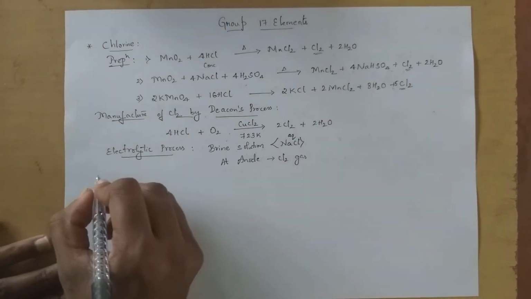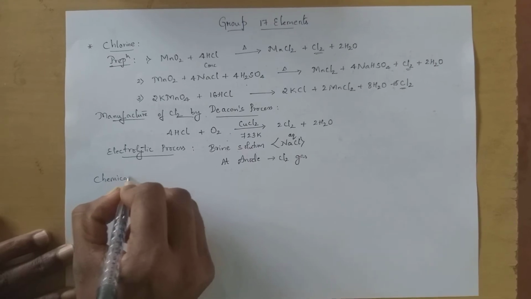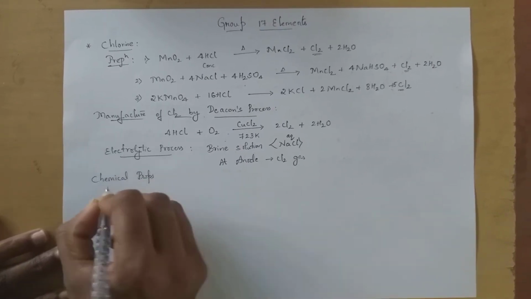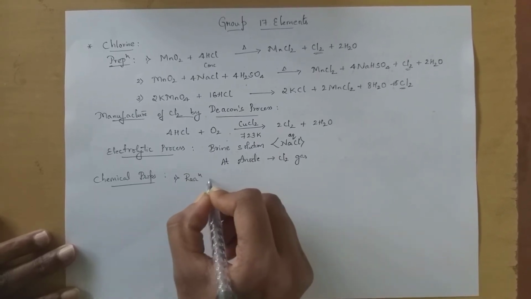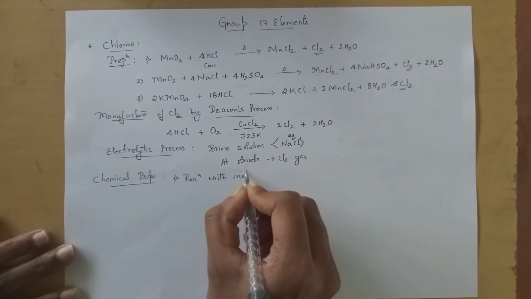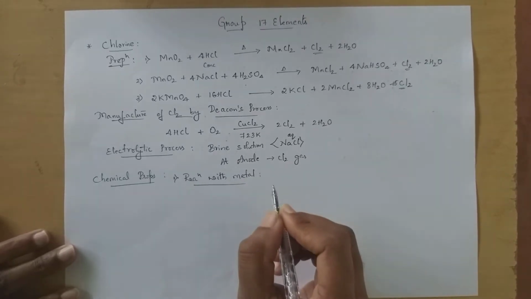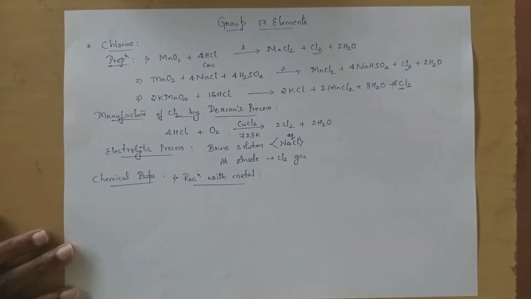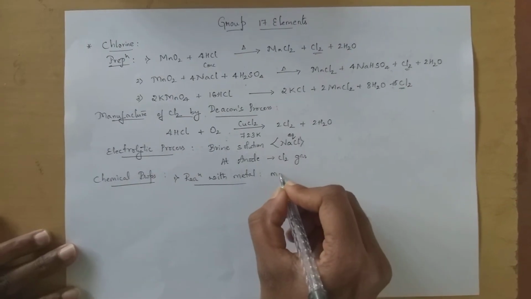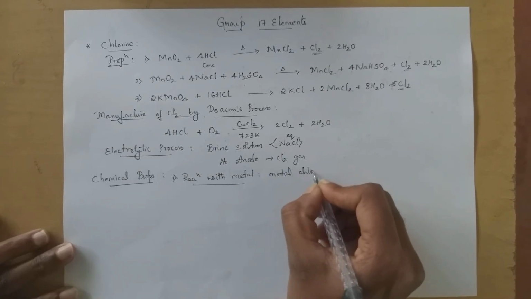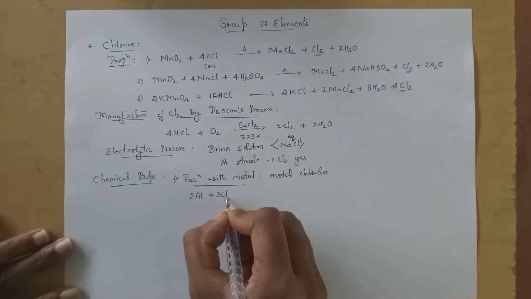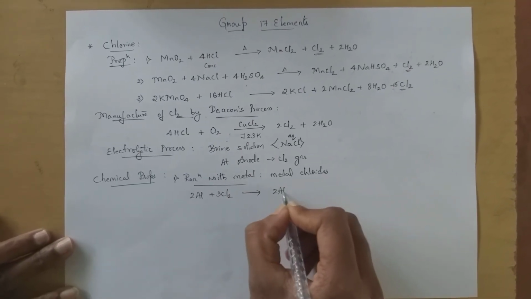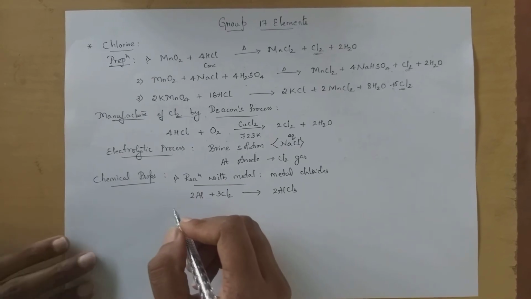Next, coming to chemical properties. Firstly, reaction with metals. How does chlorine react with metals? Chlorine reacts with a number of metals to form the respective metal chlorides. Aluminium with 3Cl2 gives aluminium chloride, AlCl3.